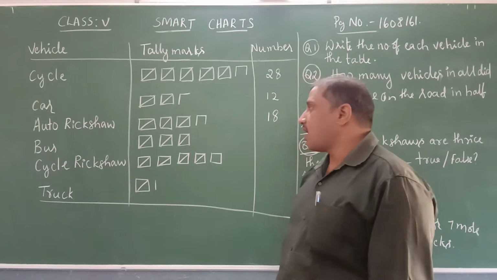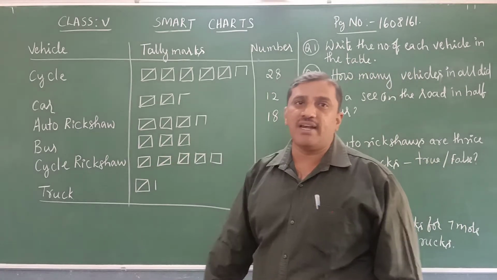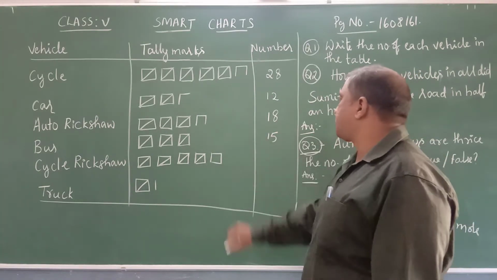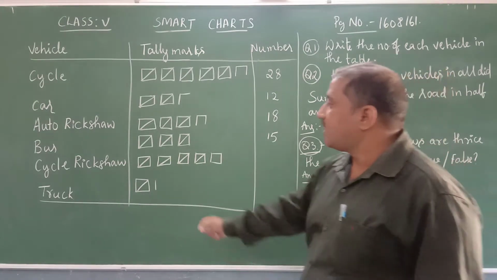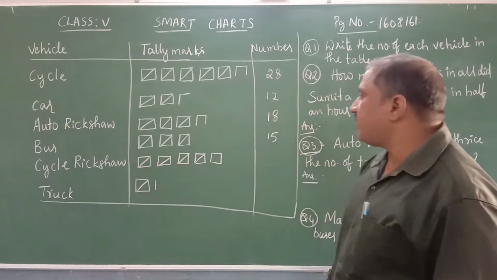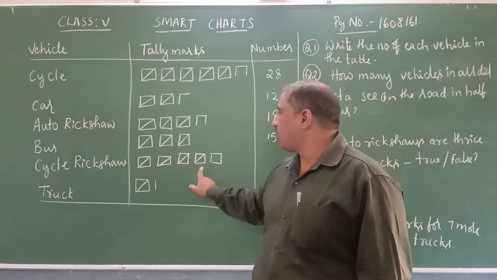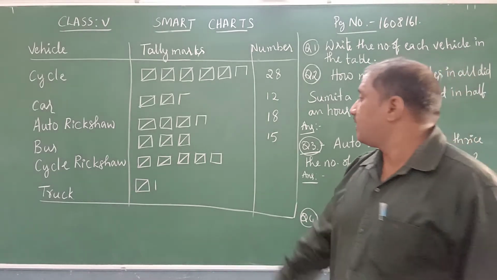Now buses. How many buses did she identify? 1, 2, 3 completely filled. So 3 into 5 is 15. 15 buses she identified. The next type of vehicle is cycle rickshaw. 1, 2, 3, 4. So 4 complete figures. 4 into 5 is 20 plus 4.